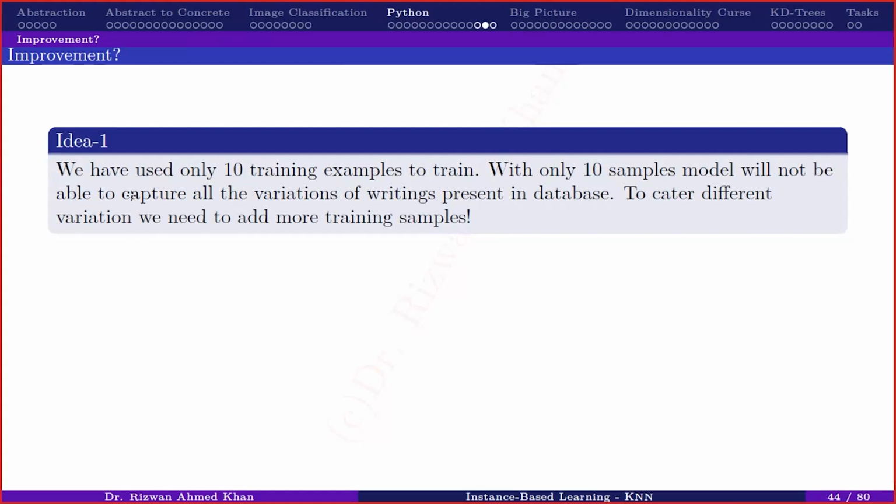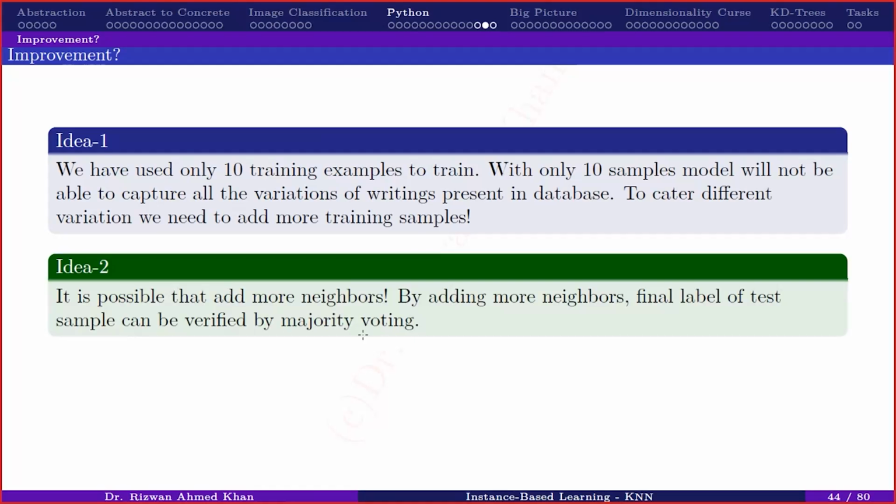Idea one was that we have used only 10 training examples to train. Why not have more samples? Ten training samples will not capture all the variations of different classes in the data. If we have more data, we could have a more robust classifier.